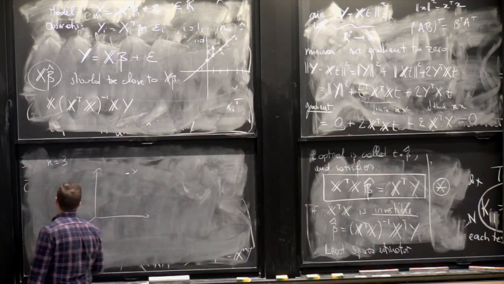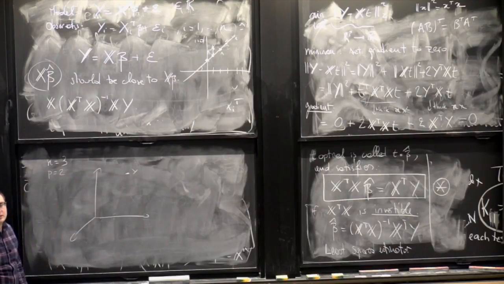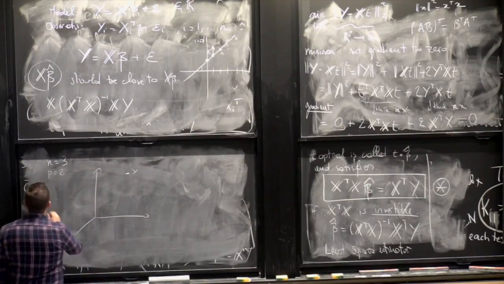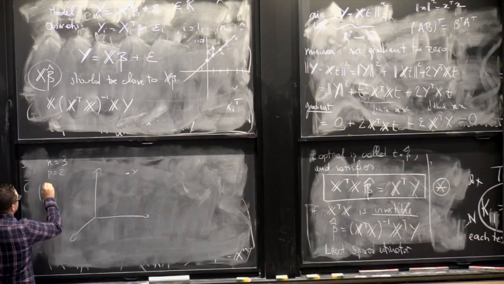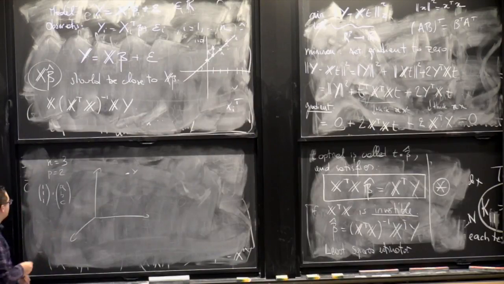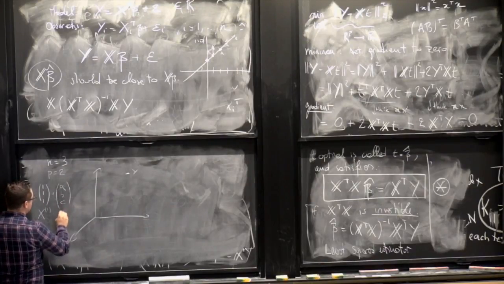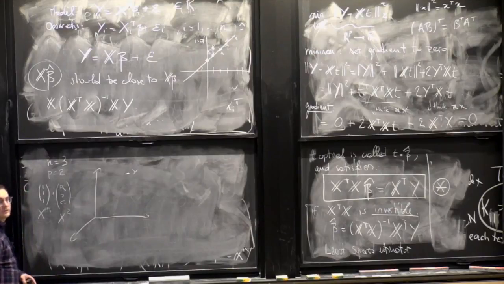I'm going to say that n is equal to 3 and that p is equal to 2. So I basically have two vectors, 1, 1, 1 and another one. Let's assume that it's, for example, A, B, C. So those are my two vectors, right? This is x1, and this is x2. And those are my three observations for this guy.